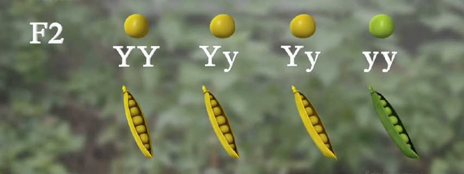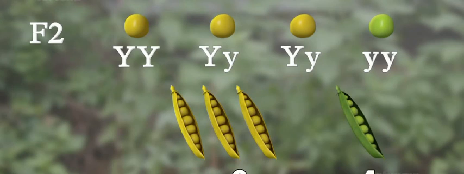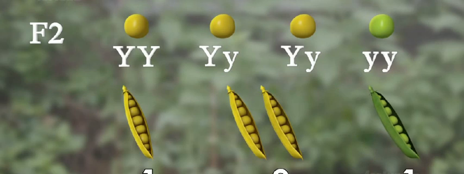Thus, the Mendelian ratio for a monohybrid cross is 3:1 when looking at phenotype and 1:2:1 when looking at genotype.